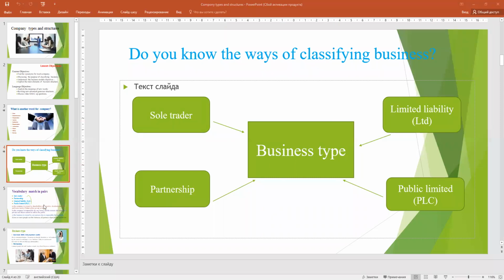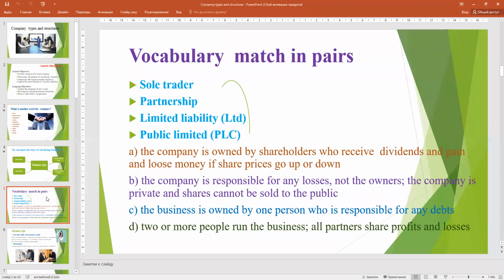And let's see this vocabulary match in pairs. Can you match these words with the proper definitions? It is sole trader, partnership, limited liability, public limited. Can you match them?